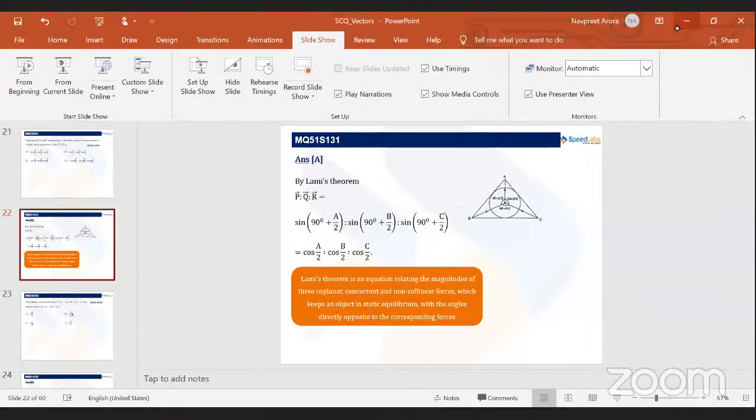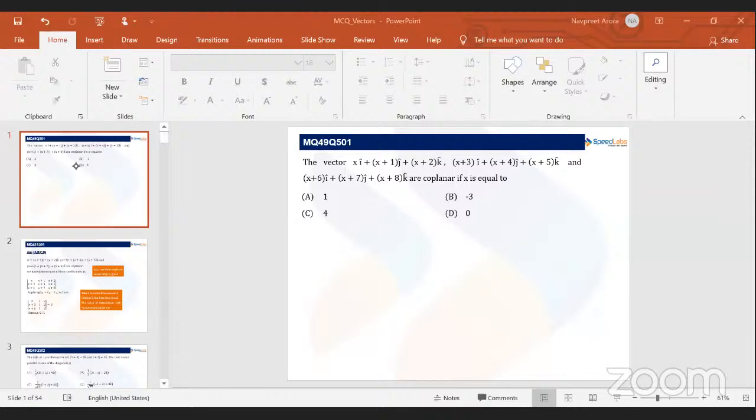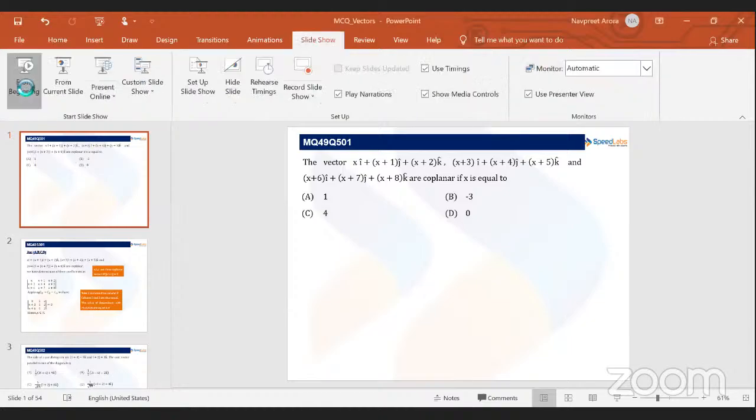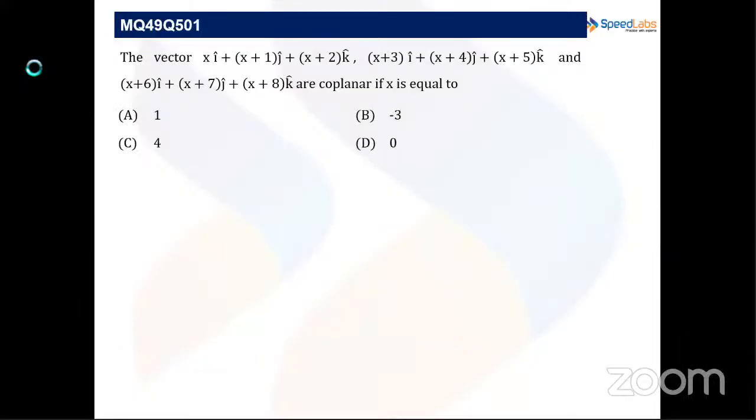Now let's start with some multiple choice questions. So our first question is, if the first vector, the second and the third vectors are coplanar, then we need to find the value of x.